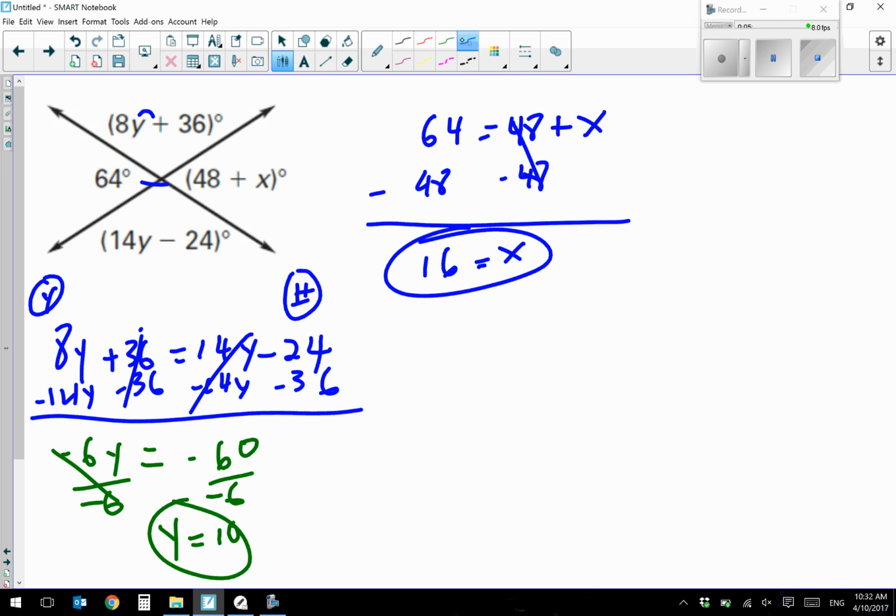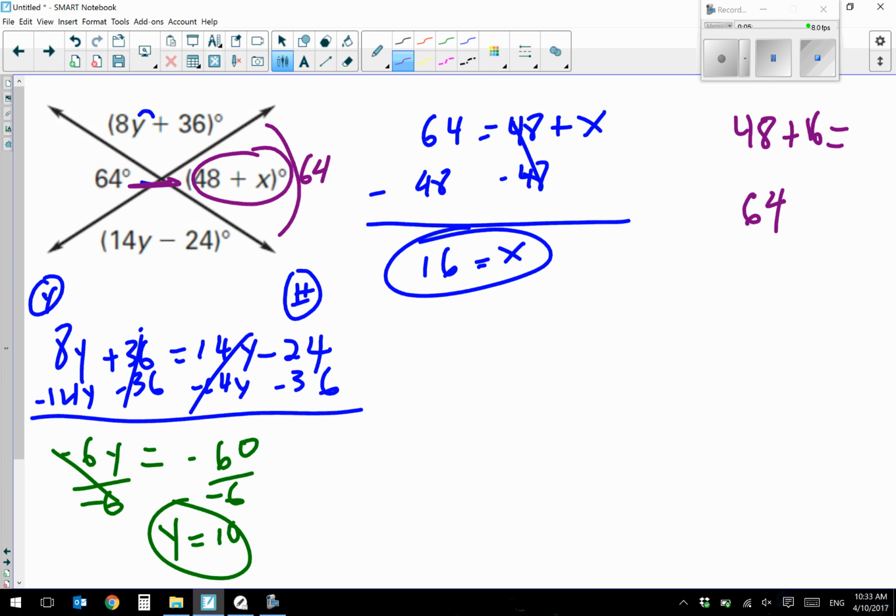Now, if the question asks you to find the actual angle measure, you've got to plug it in. So if I want to find this one, I take x and plug it in. So 48 plus x, x is 16, that would give me 64. And you don't really do that because I know these are vertical angles, so that must be 64.